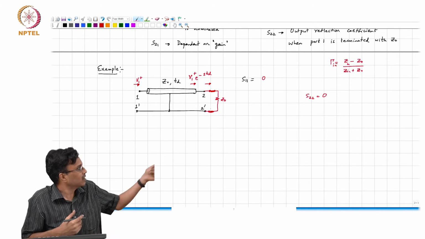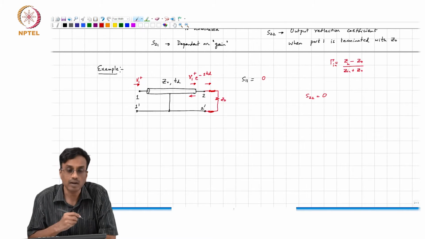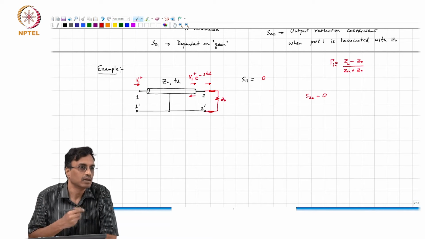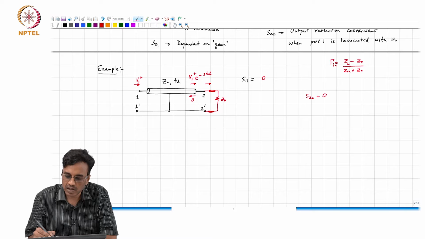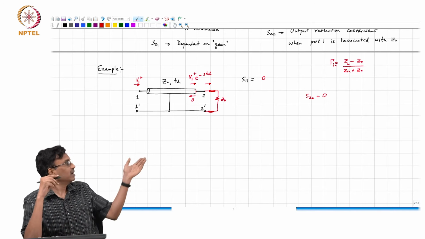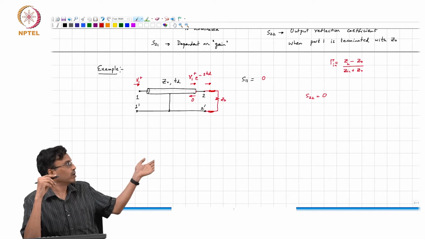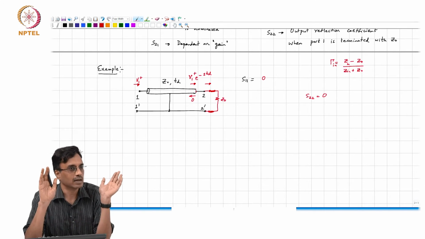Here, we know that the reflected wave is 0 because everything is terminated, right. So, the total voltage at this point is simply the sum of the forward and the backward waves, which is simply V1 plus e to the minus s times Td, right.